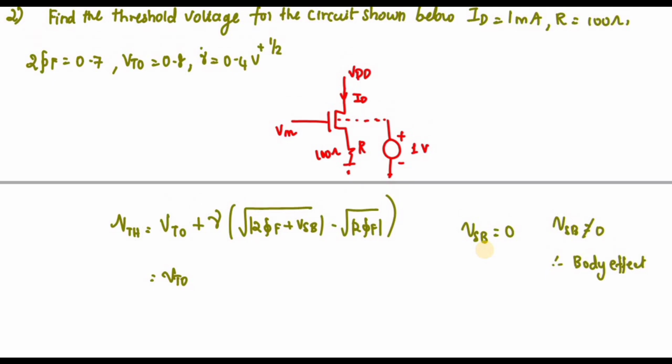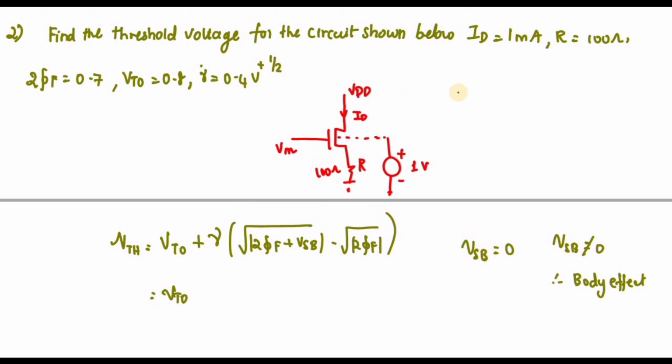Here we need to find the value of VSB, right? So what is our VSB? VSB is nothing but VS minus VB. VS is the voltage due to the current flowing through this resistor. So the current flowing through this resistor is 1 milli into R. R is 100.